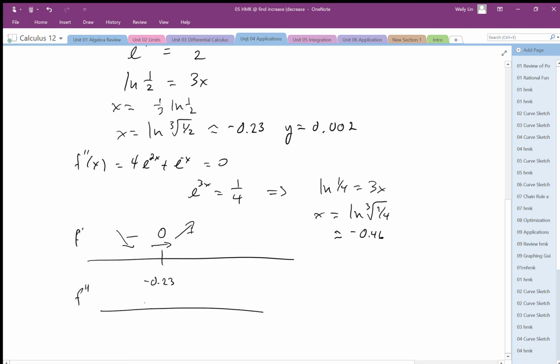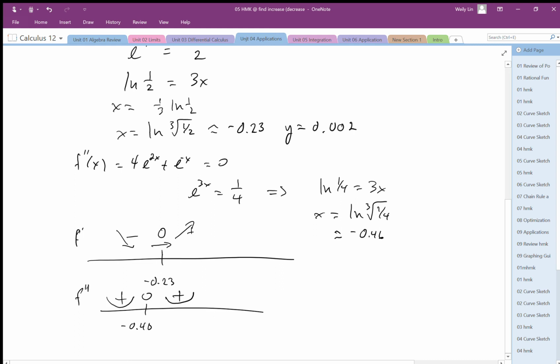So at negative 0.46, I have a 0 concavity. Testing that equation at x equals 0, I'm going to have 4 plus, that's going to be positive concavity here. Okay, if I test a negative here, I'm going to get a negative number here. So let's try -1. Here I'm going to get e to the 4 divided by e squared plus e to the, what's that going to be? Oh, that's going to be positive as well.